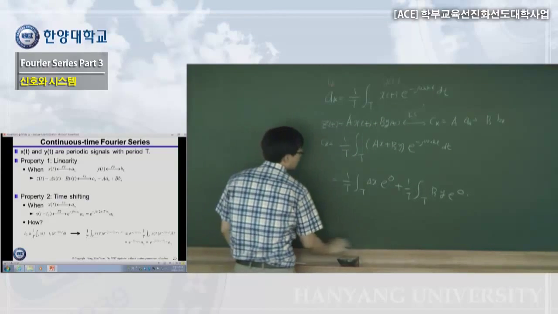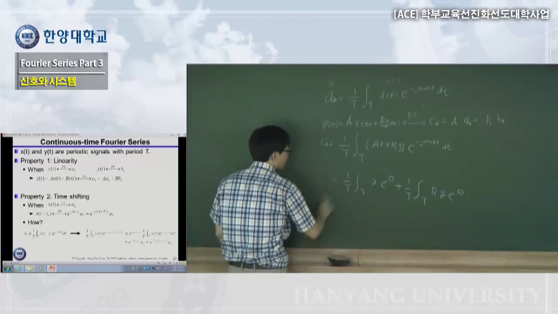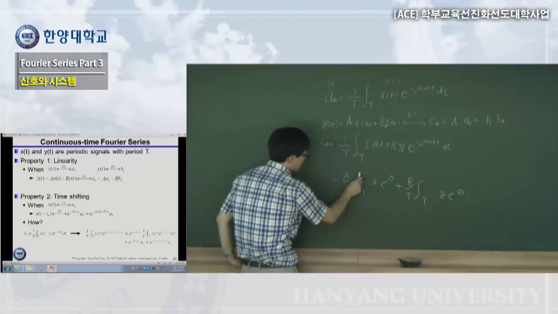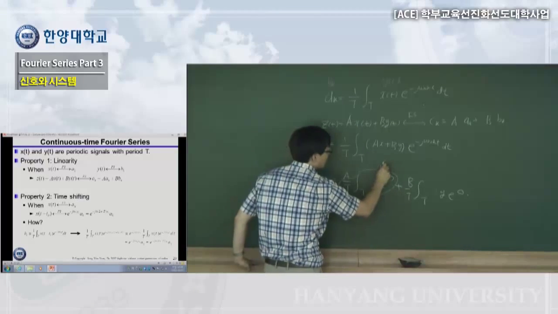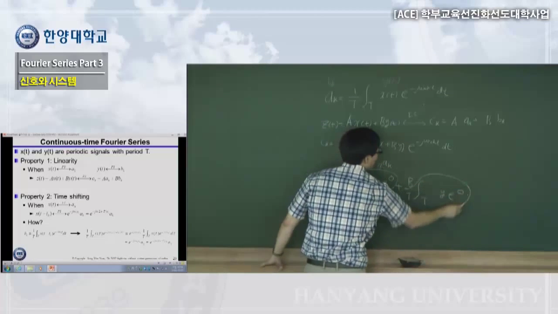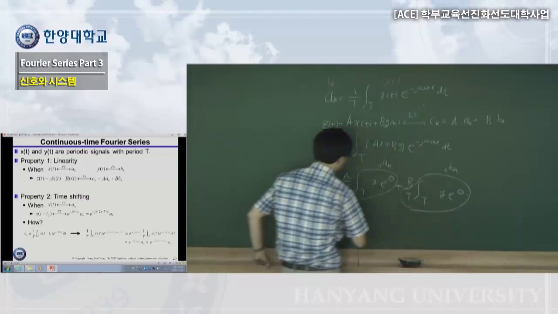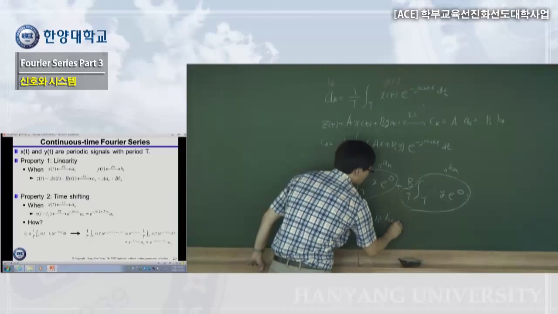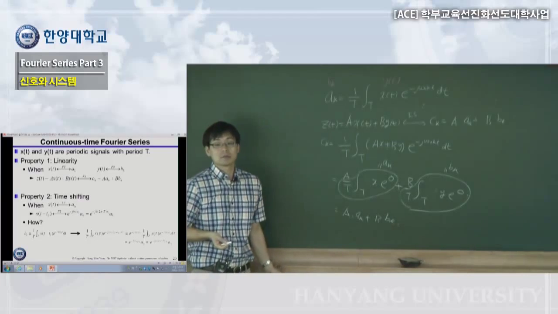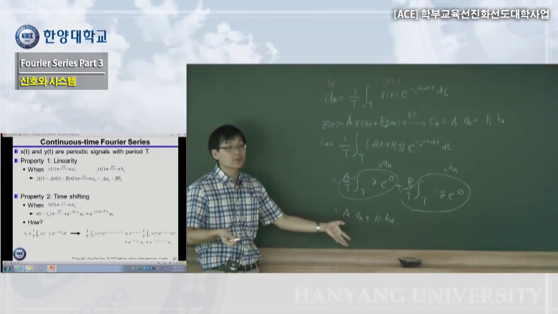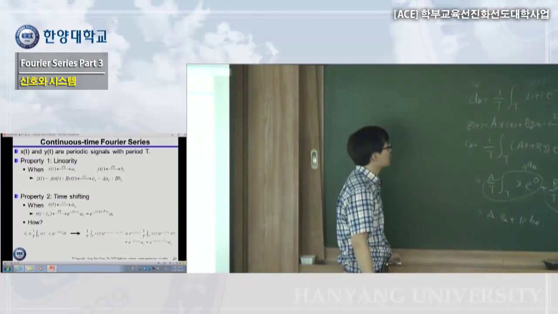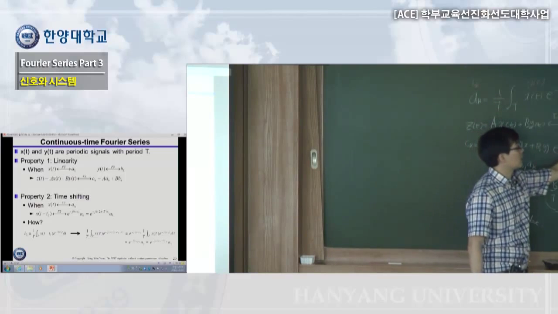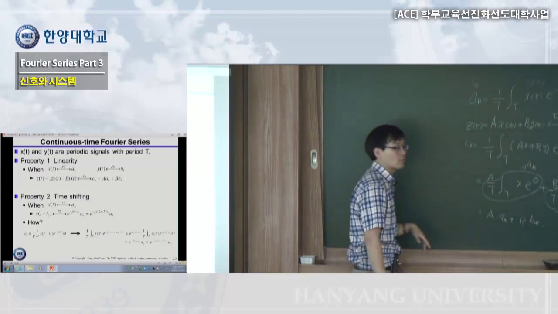And then we can take this A out from this integral, and we can take this B out from this integral, which is this one will be our ak, and this one will be our bk. So it will be A ak plus B bk. That's how it goes. So this is a very straightforward proof. If you have ak, bk, then you can just multiply by constants, and there will be the corresponding Fourier series coefficient.